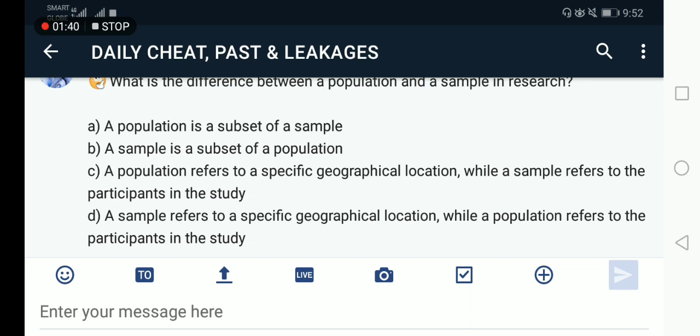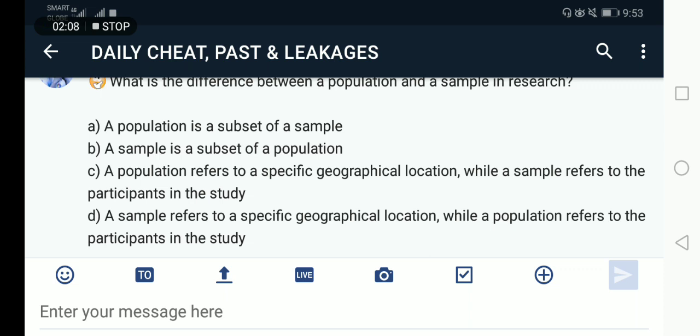Likewise, letter C, a population refers to a specific geographical location while a sample refers to participants in the study, no, it's not. Population is not specific. When we say a population is a subset of a sample, is that a difference between population and sample in research? No, it's not.